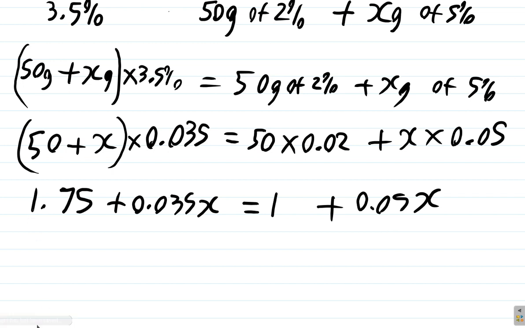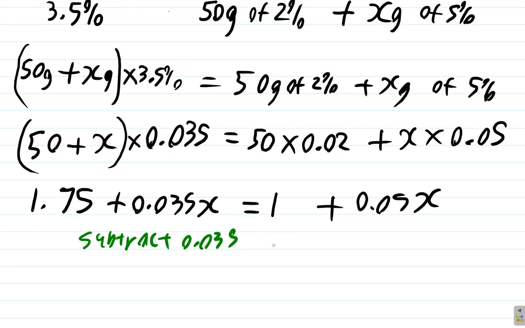Now, what we can do here is subtract the 0.05x from both sides and it would come over this side. But let us subtract 0.035x from both sides, right?